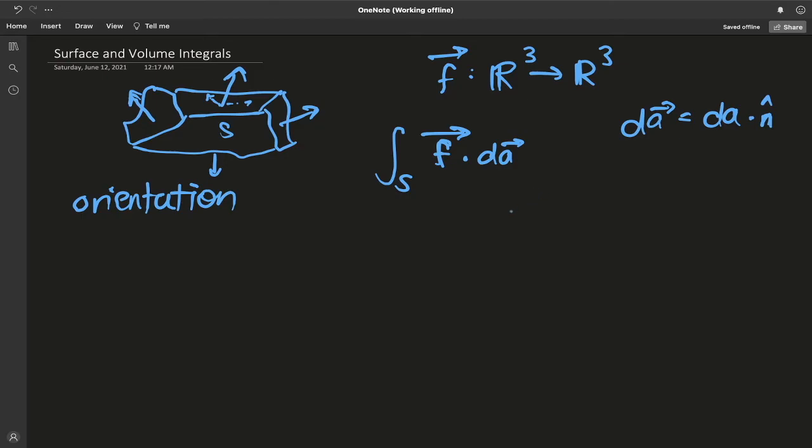Okay, so what's the physical intuition behind this? Well, if you have this surface and it's surrounded by this big vector field, which is F vector, you want to find vectors or projections of this vector field that are perpendicular to each face of this surface.